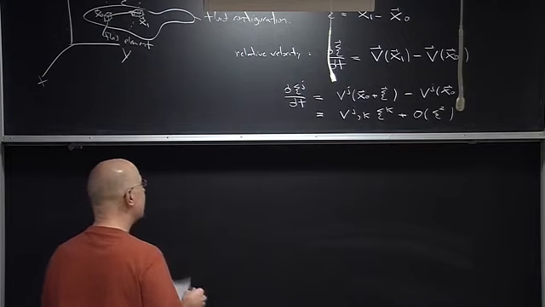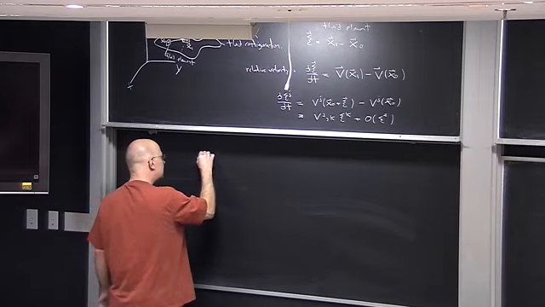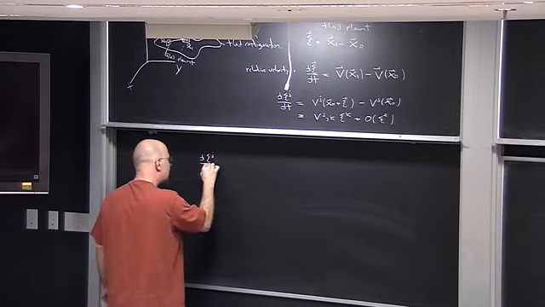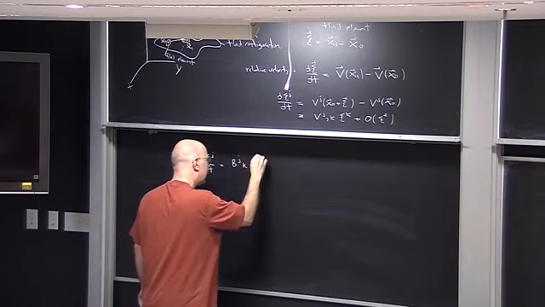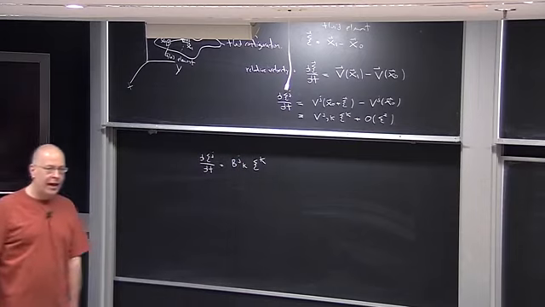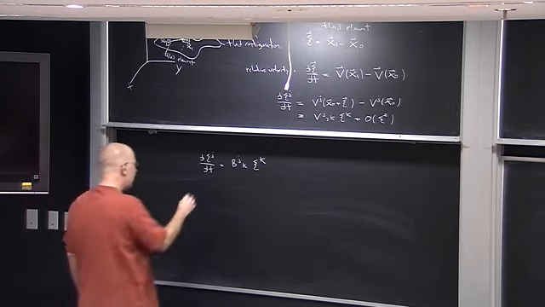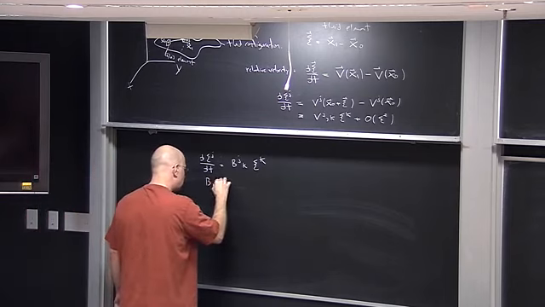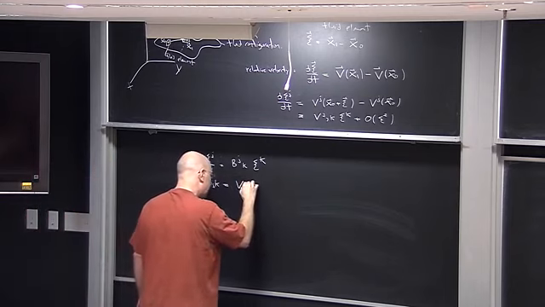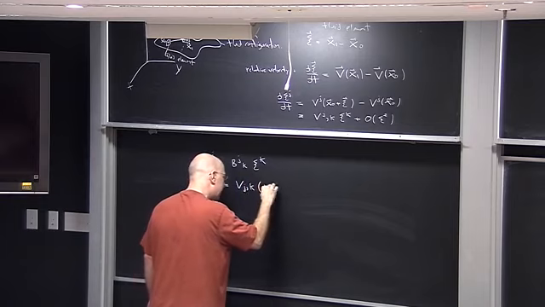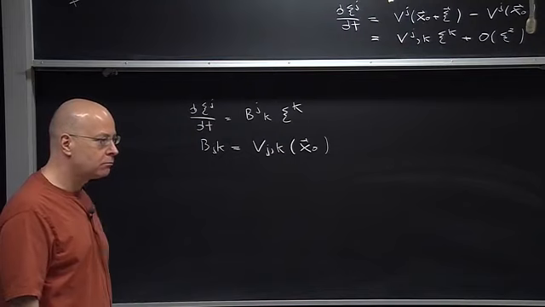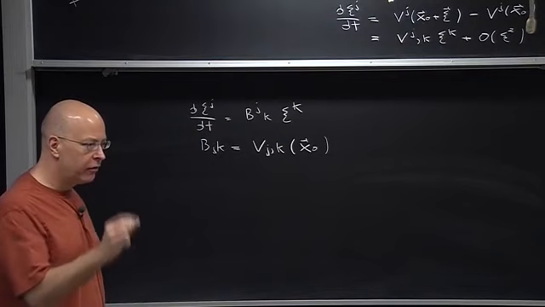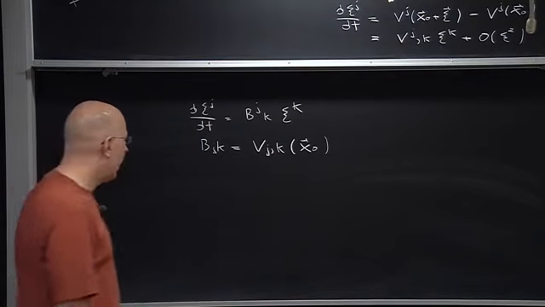So let me just rewrite this. dc/dt is going to be some matrix B_jk multiplying c, and I forget higher order terms. B_jk is the gradient of the velocity field evaluated on the reference fluid element at that time.